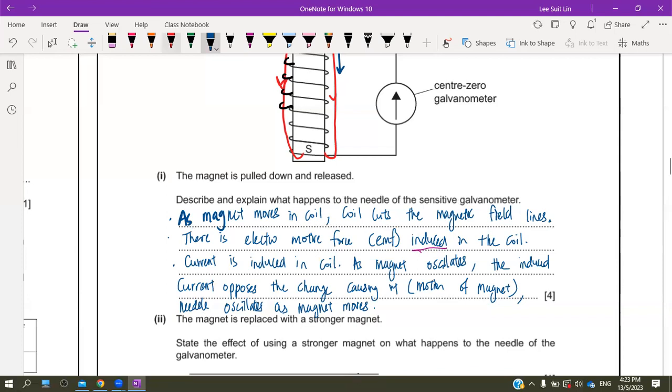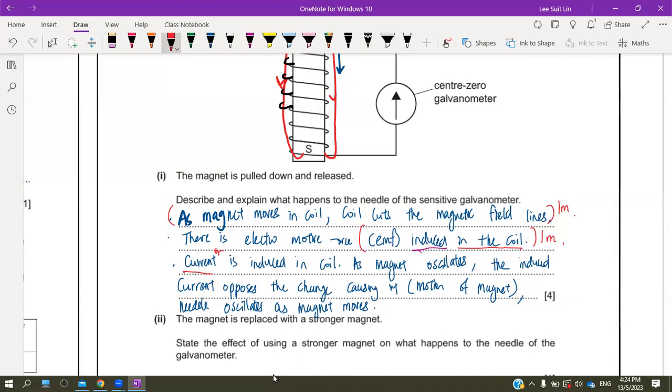Okay, marks. Number 1: the coil cuts the magnetic field lines as the magnet moves. This one mark. Then there is EMF induced in the coil, 1 mark. Or you can mention current induced in the coil also. You have to mention the word induced and you have to tell me where the current is.